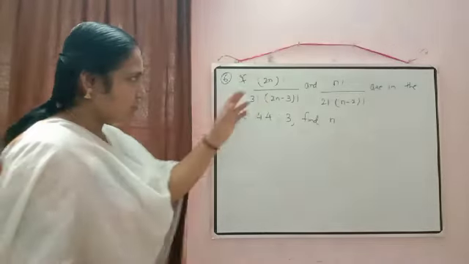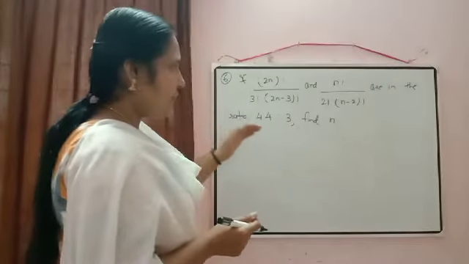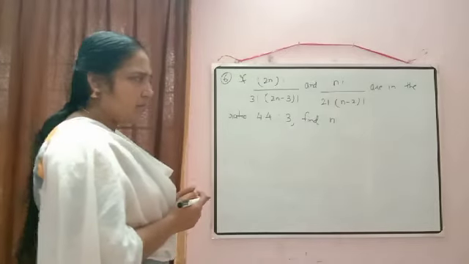It is written that these two numbers are in the ratio 44:3. We have to find the value of n.